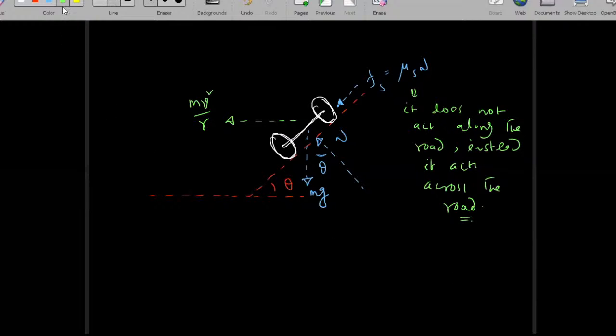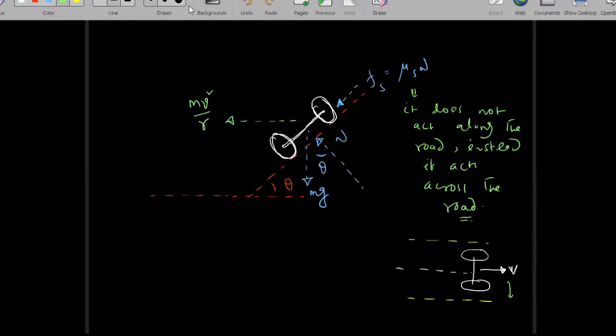Check here. If I take a track, this is the track. The car is moving in this direction, V. Fine. This is the road. So this V direction is along the road.